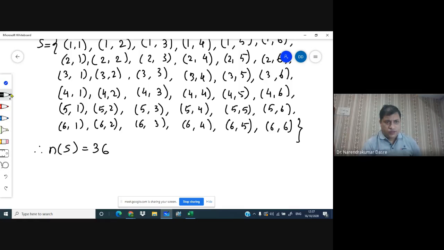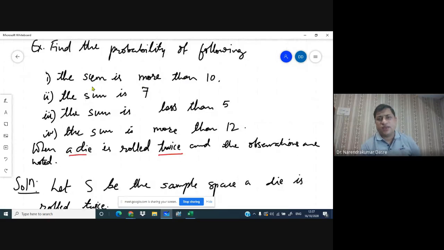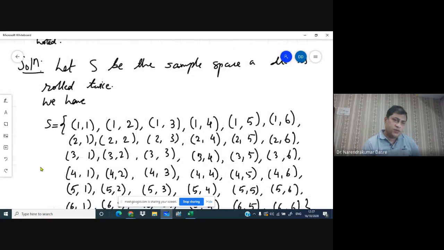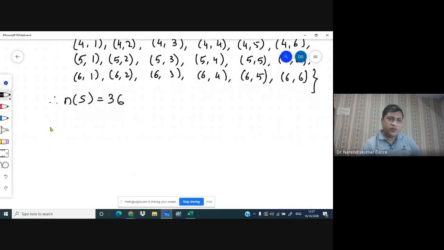What is the first event we have to consider? The first event is the sum is more than 10. So we have to find the observations such that the sum is more than 10.